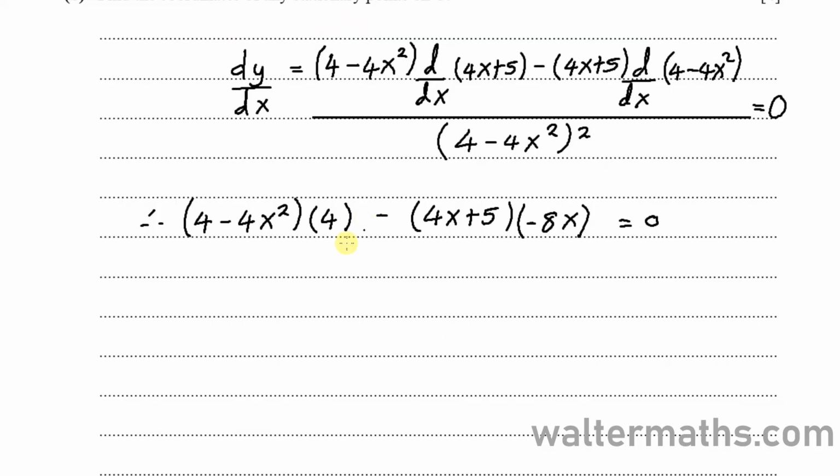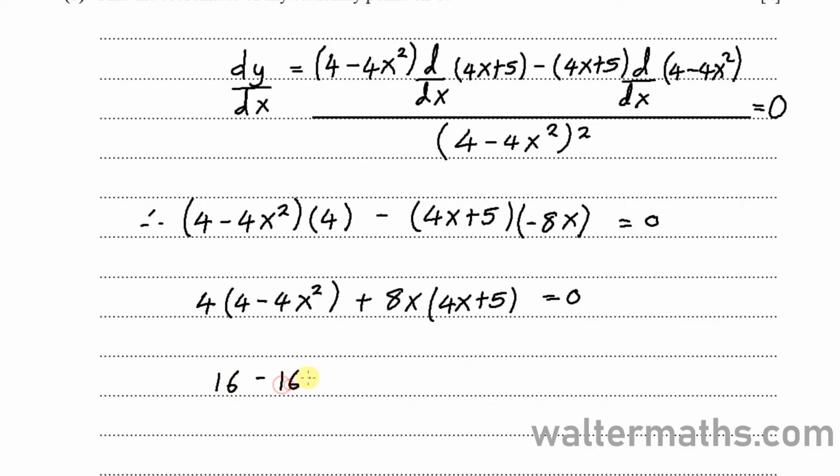So next, we will have 4 times (4 - 4x²), and it's plus 8x times (4x + 5), and it's equal to 0. That's 16 - 16x² + 32x² + 40x = 0.